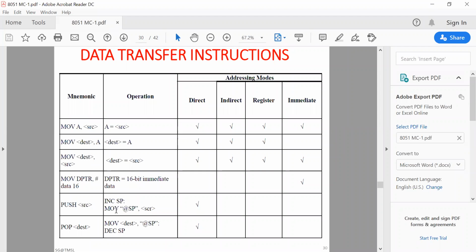Directly you can also write MOV @R0, SP, any source register. That is also possible. Okay, since the stack pointer is a special function register (SFR), you can use it directly in your instruction, or it can be used by the PUSH and POP instructions.